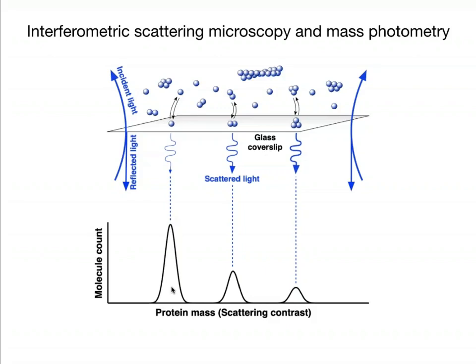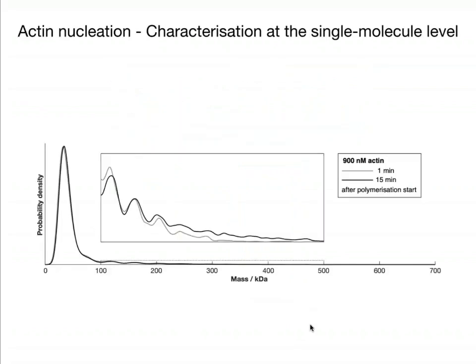Now, this particular video that I've shown you before was a solution of actin shortly after the initiation of its polymerization reaction. And if you apply exactly this approach to such a video, you will get a size distribution that looks like this, where you have in the beginning a peak that corresponds to actin monomers, which is 42 kilodalton.